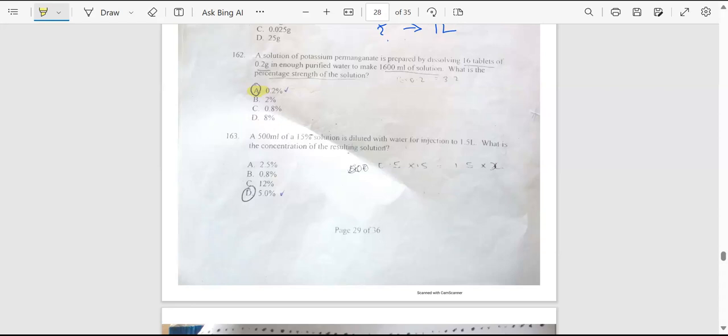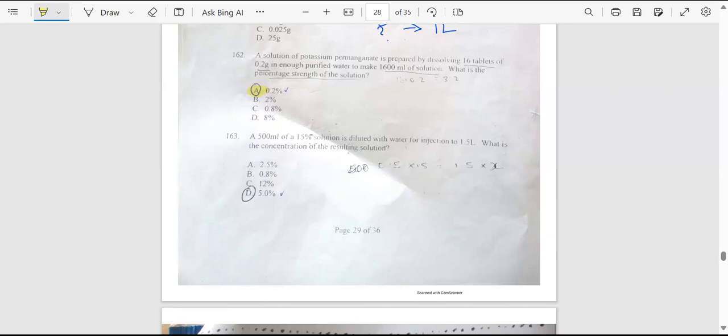So this 75 grams, I think you divide by the 1500 times 100, you get 5%.